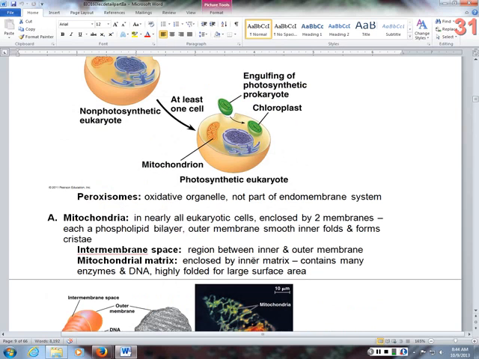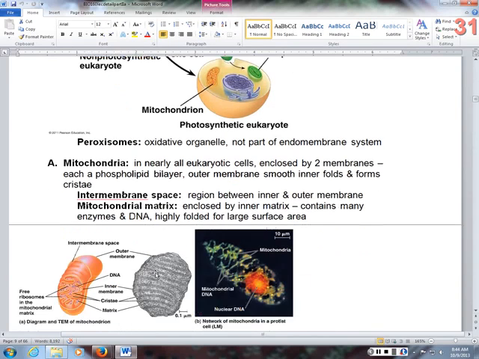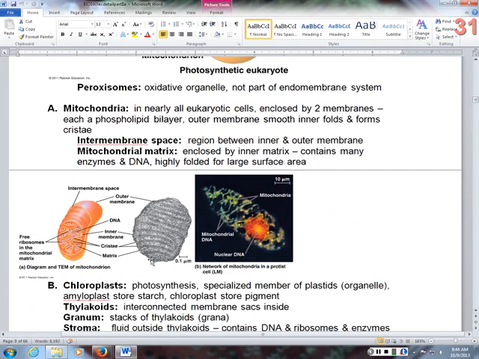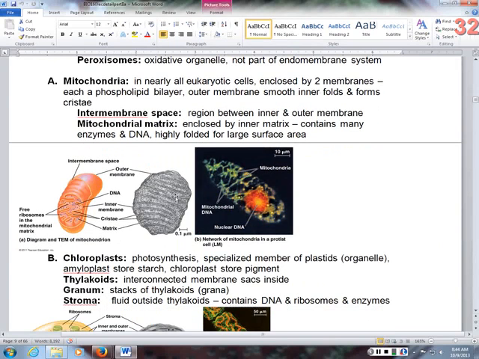So the peroxisomes, these are another organelle. They're an oxidative organelle that's not part of the endomembrane system. So mitochondria are in nearly all eukaryotic cells. You've got a double membrane with a phospholipid bilayer. That double membrane also helps to suggest that it was a prokaryote that was engulfed.